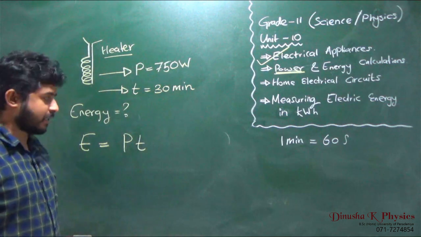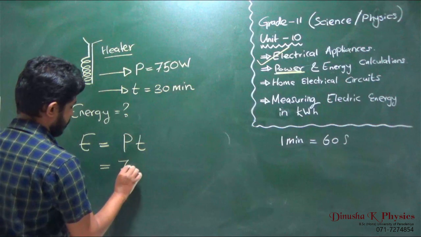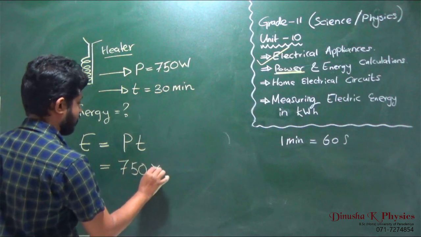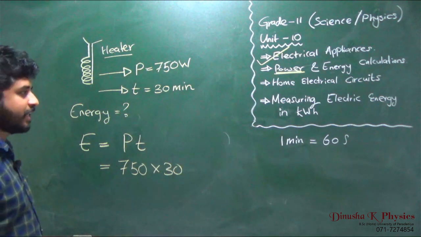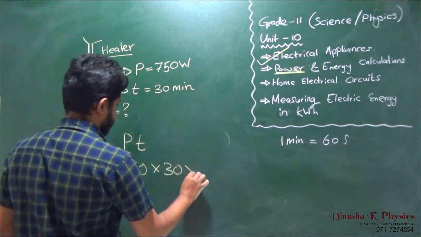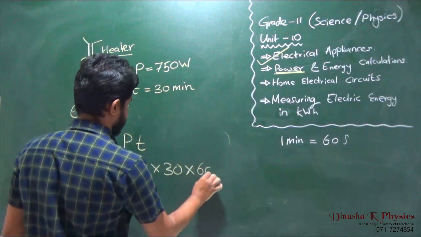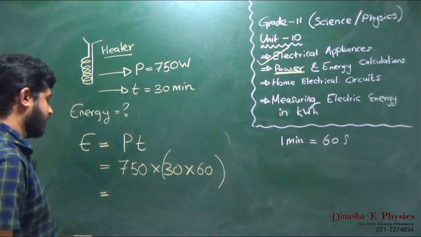Formula එක ලියලා ඉන්න. හරි, then substitute the values. So again 30 minutes must be converted to seconds. කොහොමද කරන්නේ? Multiply this by 60. Take the value.